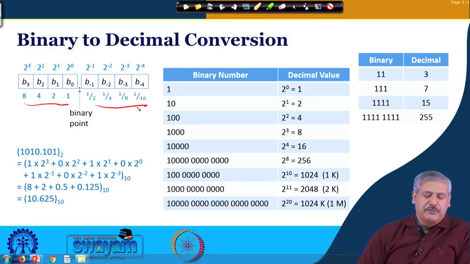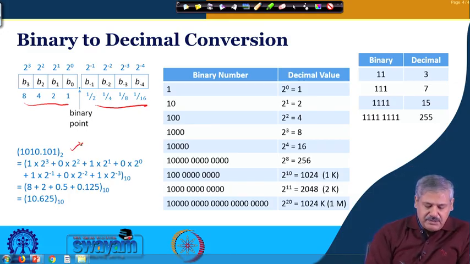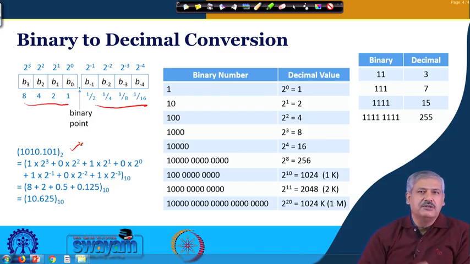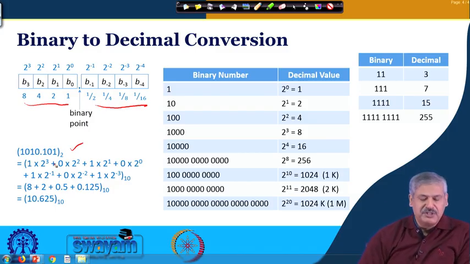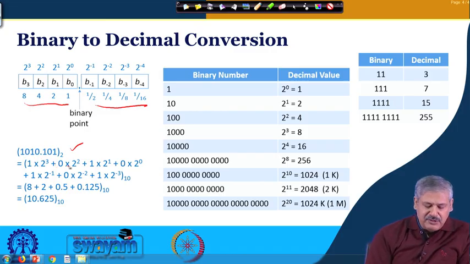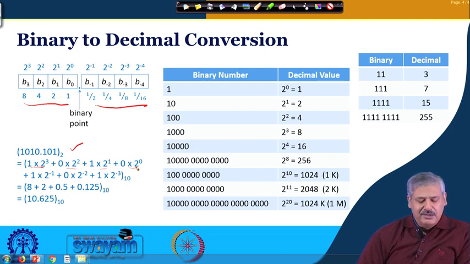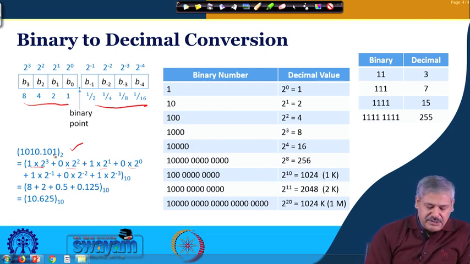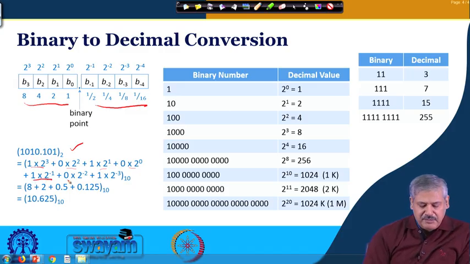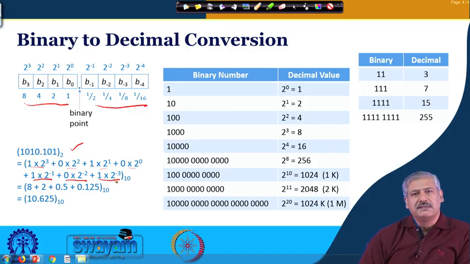Okay. So, if we look at this example, 1010.101, what will be its value? For 1010 we have already found the integer part before, which is 10, and the fractional part is 1 into 2 to the power minus 1, plus 0 into 2 to the power minus 2, plus 1 into 2 to the power minus 3.